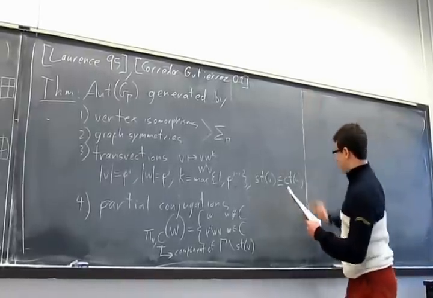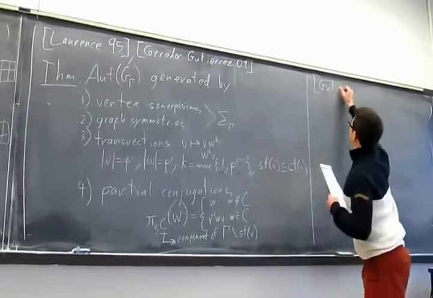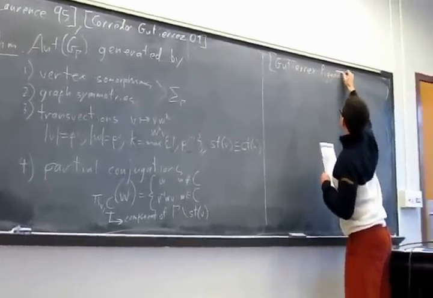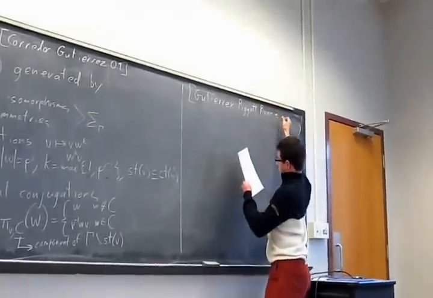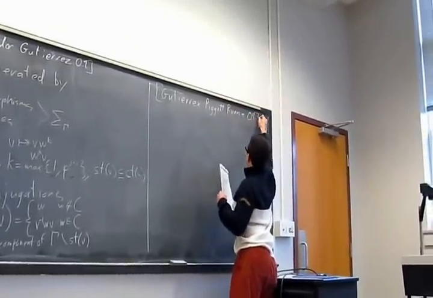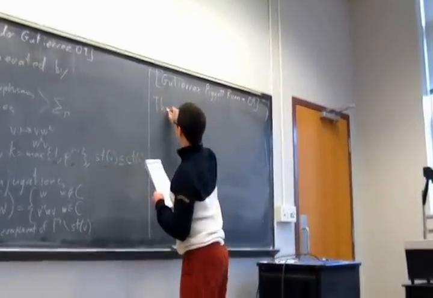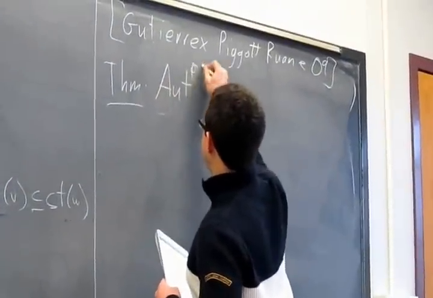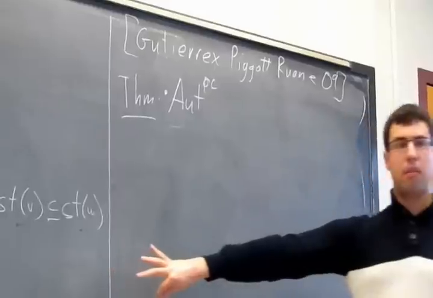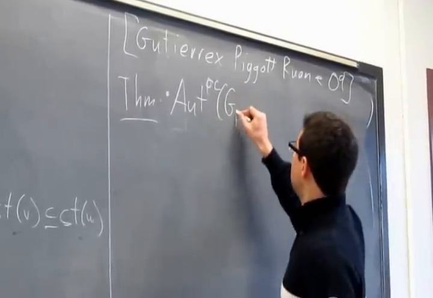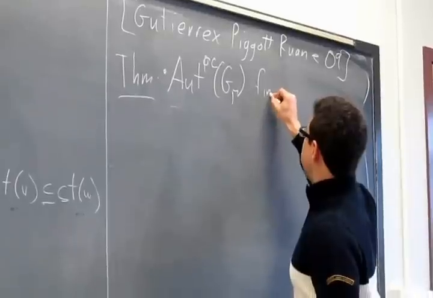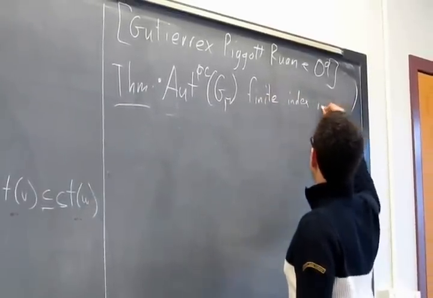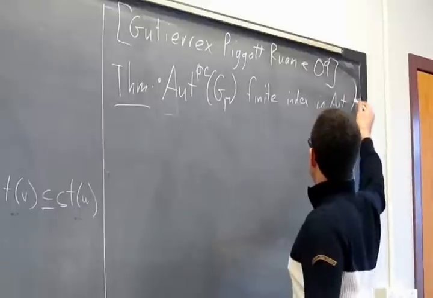Okay, so now a few other results by Mo, Adam Piggott, and Kim from 09. We have the following two nice results. So Aut PC, the automorphism group generated by partial conjugations, is going to be finite index in the full automorphism group.